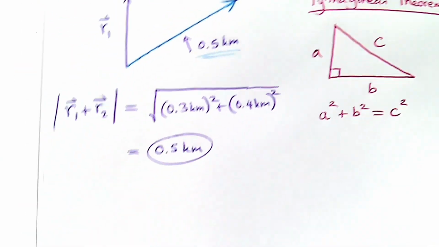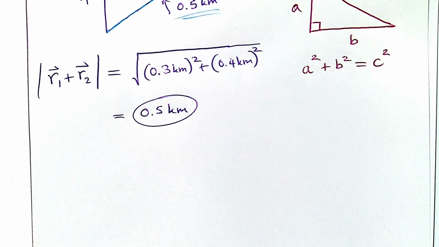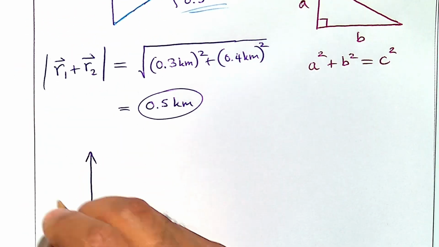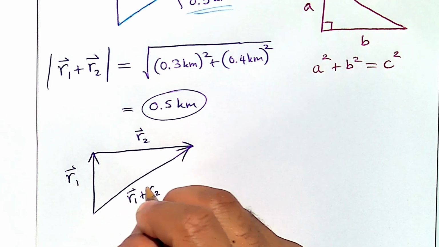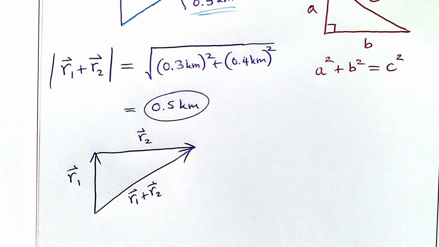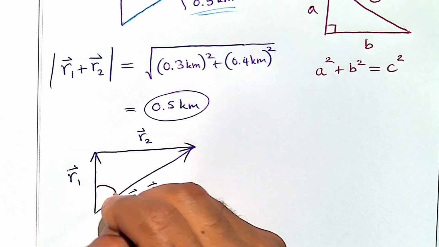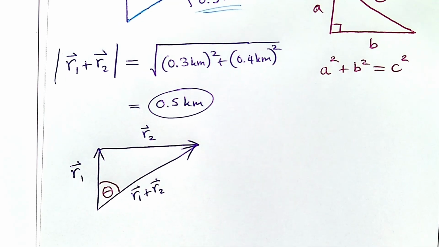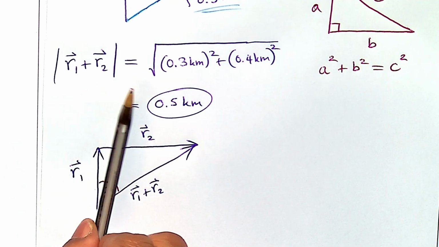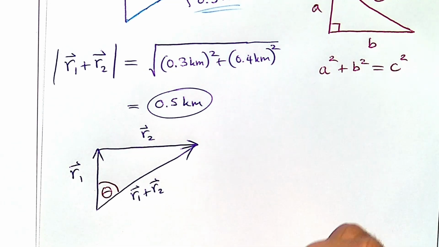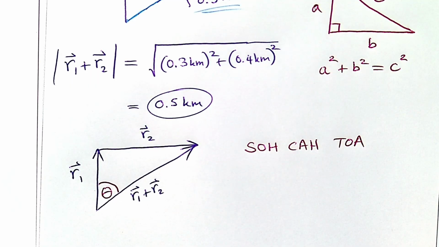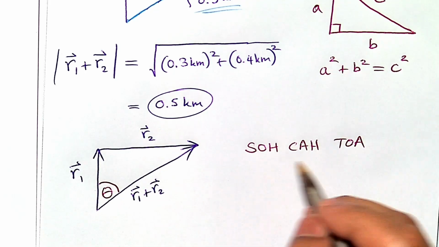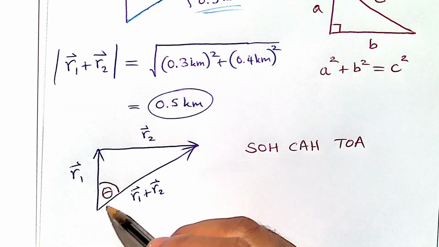But we can still do that using some trig. Let me redraw this. We have our right triangle, R1, R2, and the sum, R1 plus R2, is this. As long as we can identify this angle, that gives us a sense of a direction. We can say if this is north, it's so many degrees from north. How do we find that angle? We can use our SOHCAHTOA, a mnemonic for remembering sines, cosines, and tangents. Given this angle, we want to figure out which of these we want to use. Look at this angle.